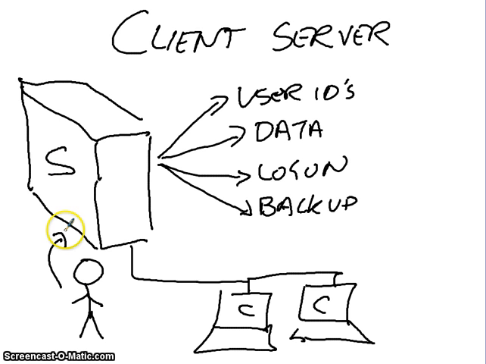And the system administrator just looks after the server, and that means he can control everybody else on the network, which is really good, and it has its advantages. Everything is pushed from here down to these guys here, and it makes your life a lot easier when you've got a lot of machines to look after.